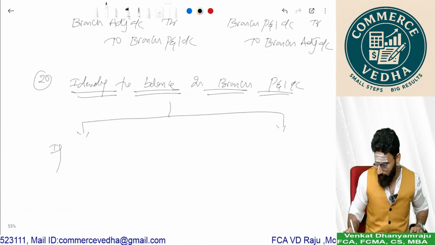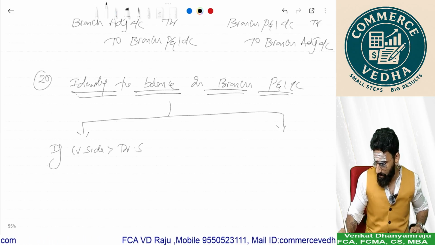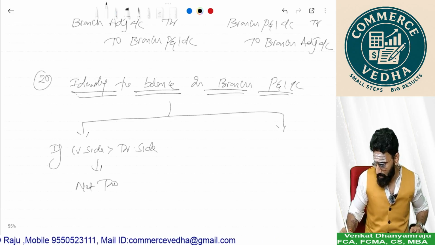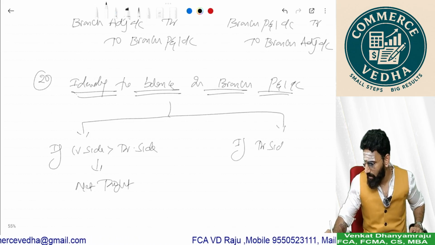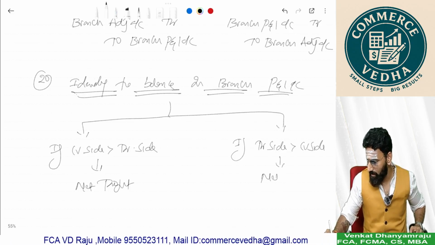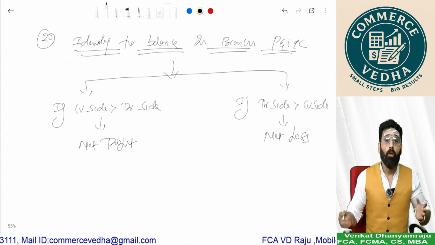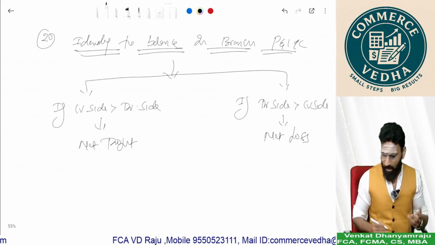P&L also: if credit side is greater than debit side, that is net profit. And if debit side is greater than credit side, it is net loss. Loss or profit ultimately shall be transferred to general P&L, HOP&L.